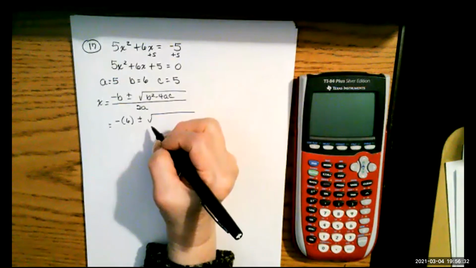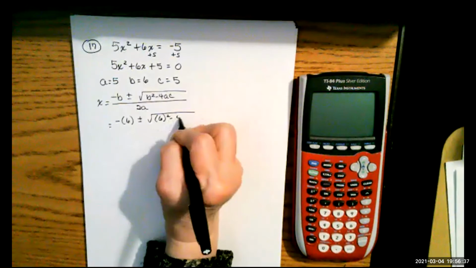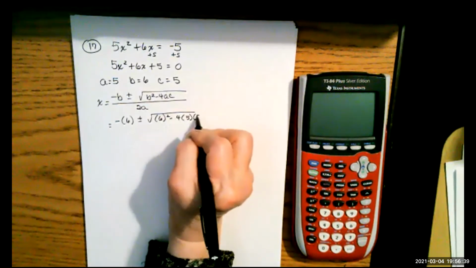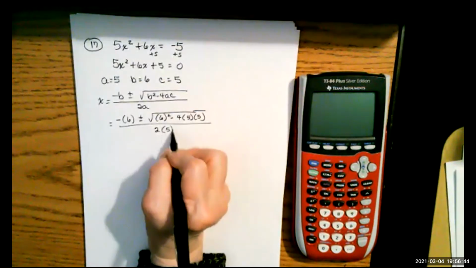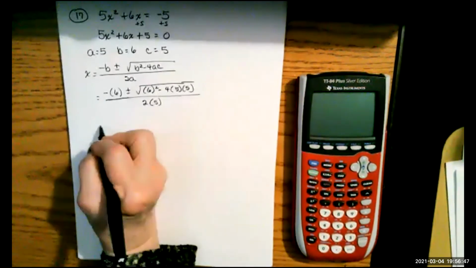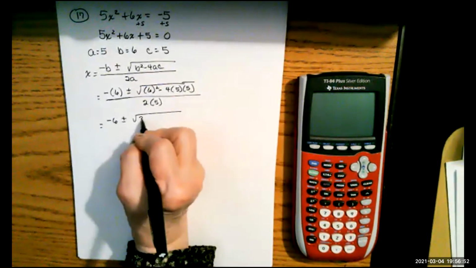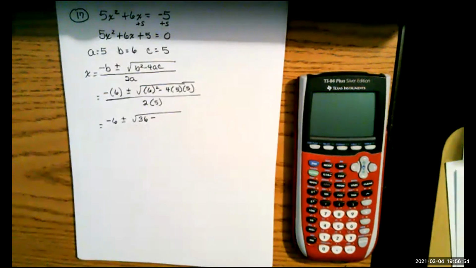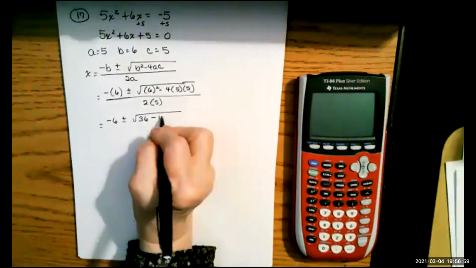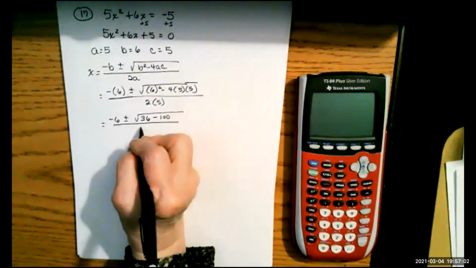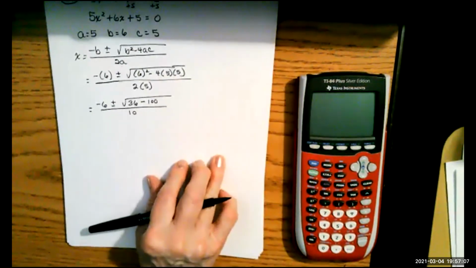Okay, so we have negative parentheses 6 squared minus 4 times 5 times 5, all over 2 times 5. Don't forget to draw your line all the way over. So this one's going to be -6, 36 minus 20 times 5. That's 100, isn't it? Okay. Everybody with me?